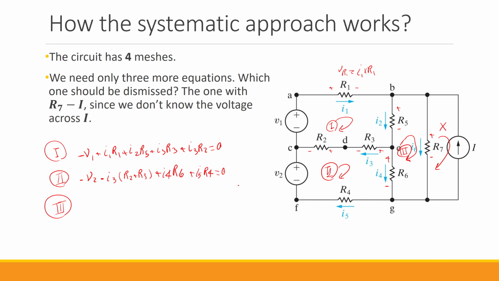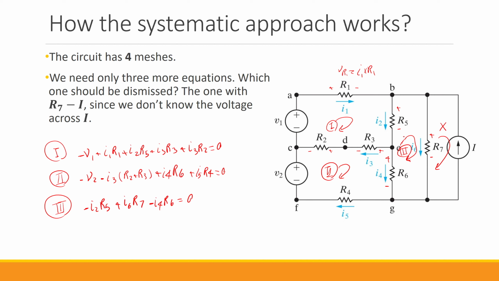If I start from E, I'm entering this resistor from its negative side, again following the passive sign convention. So we have negative I2 R5 and then positive I6 R7 and then negative I4 R6 equals 0.